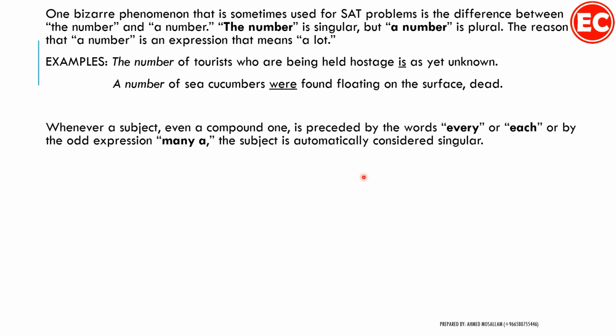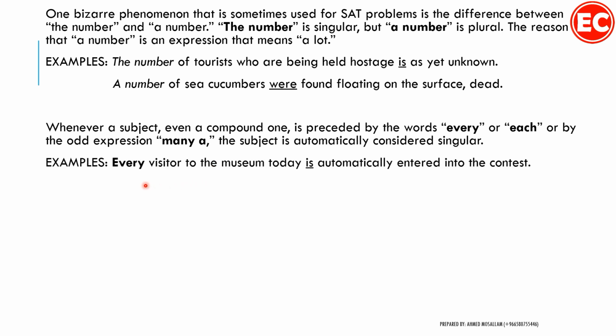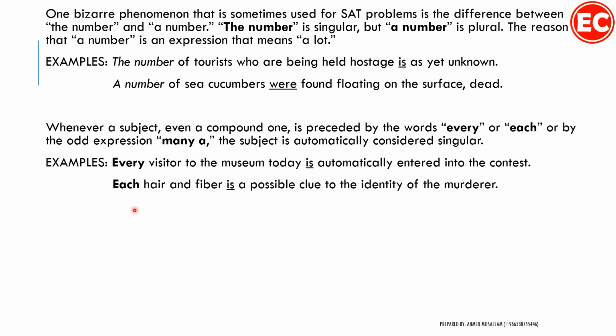Another rule which is tricky for students as well: every, each, and many. All of these, even with a prepositional phrase, are always singular, no matter what is in the prepositional phrase. Every visitor to the museum today is. So every is the subject here. Also each hair and fiber.